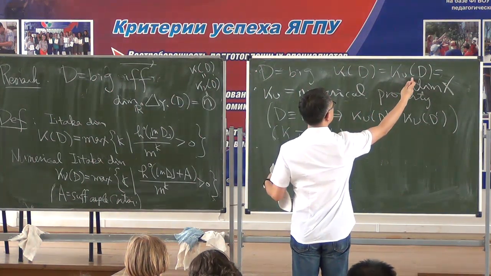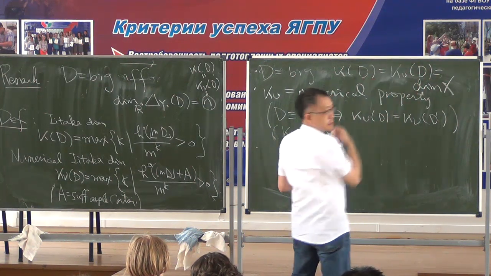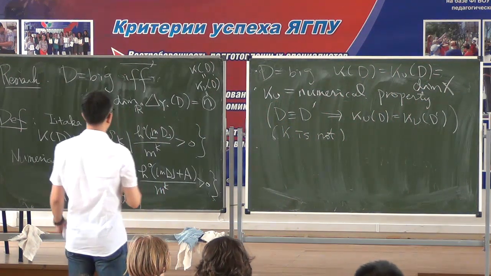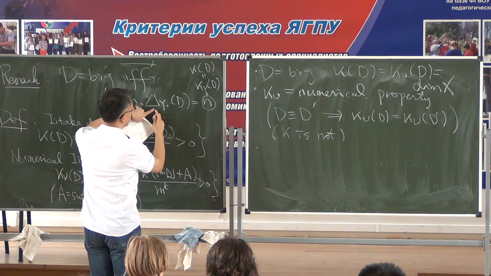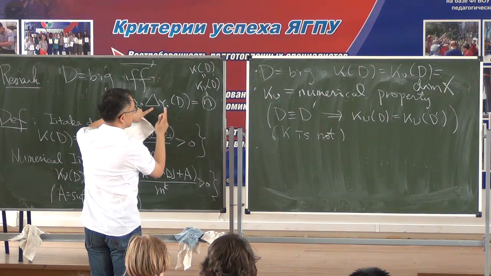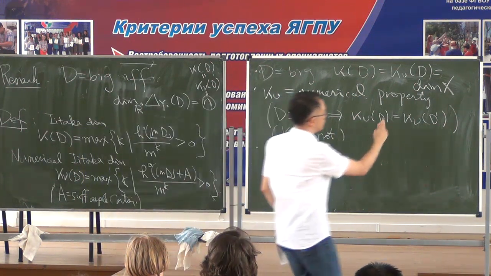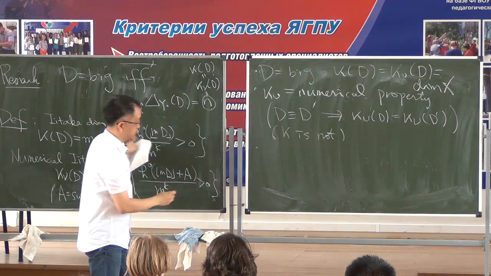Because we added an ample divisor here, this is larger in general. And in the original construction of the Okounkov body, this satisfies the numerical property. So what we are trying to do is to extract this numerical dimension, not the original Iitaka dimension.